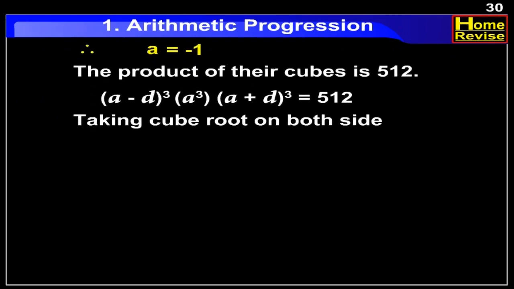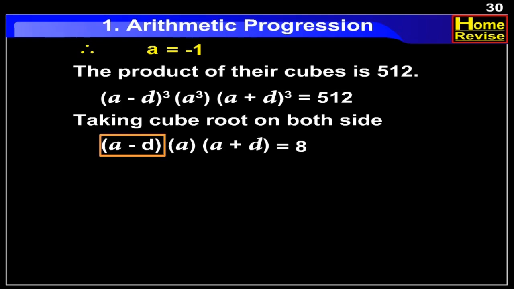Taking cube root on both the sides, we get (a minus d) into a into (a plus d) is equal to 8. Here, according to the formula, (a minus b) into (a plus b) is equal to a square minus b square.